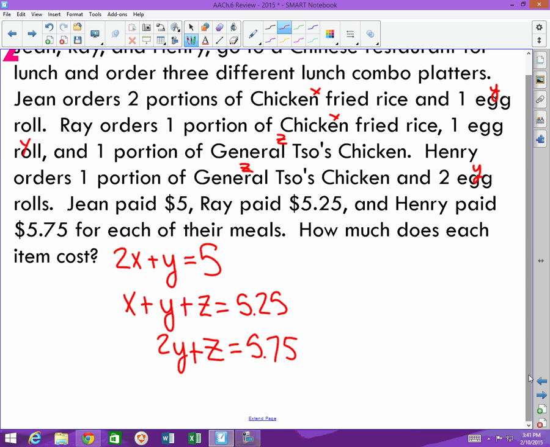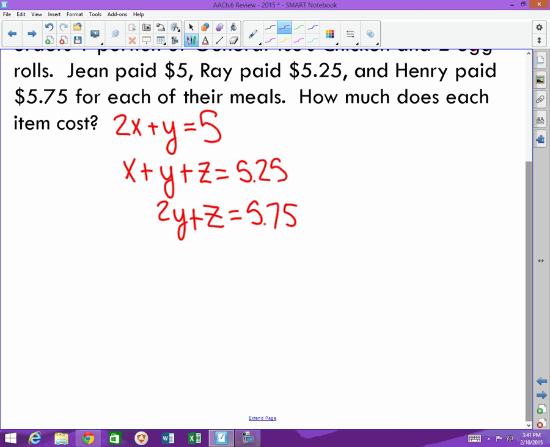And then you need to solve this for x, y, and z. So here you have x and y, here you have x, y, and z, and here you have y and z. So somehow you either have to get rid of a z or you have to get rid of an x, which would be the easiest thing to do.